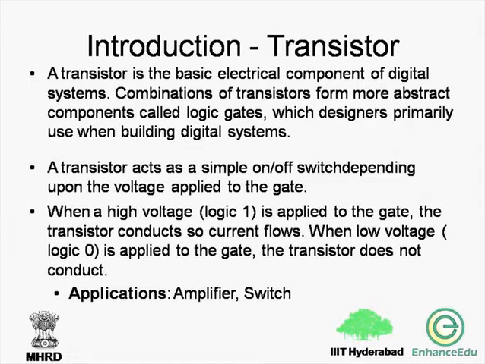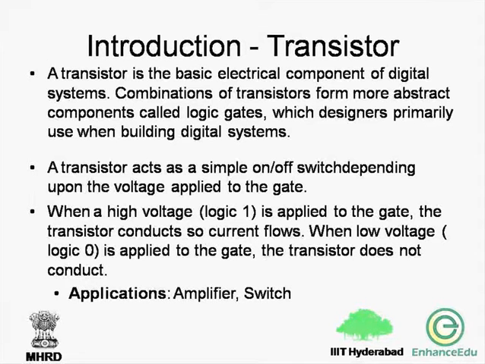Similarly, if the input to the gate is 0 volts, the transistor acts as an off switch and does not conduct. In figure B, we can see the PMOS transistors for the gate input equal to 0.